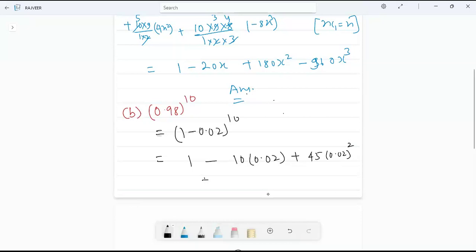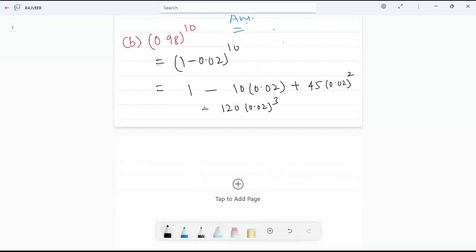That comes to 120 and 0.02 cube. So we will just take 4 terms as we did in part A.